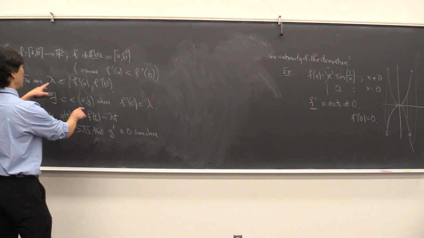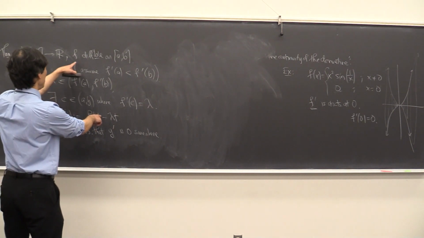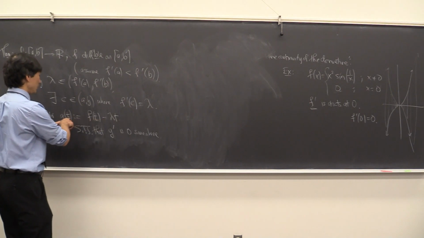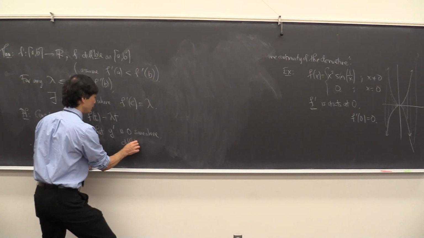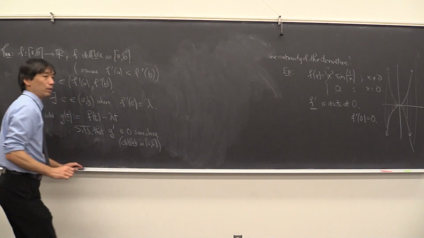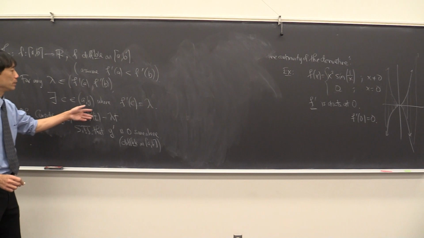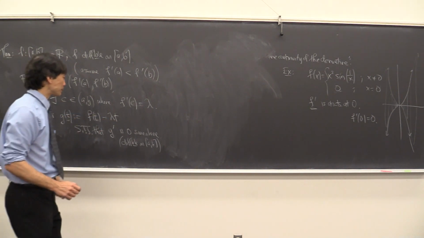Right. So this g is of course also differentiable on [a, b], right? Because f is, and certainly the line is differentiable there, right?